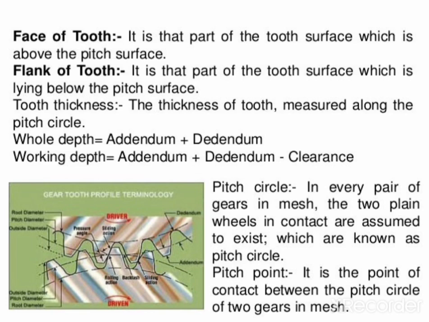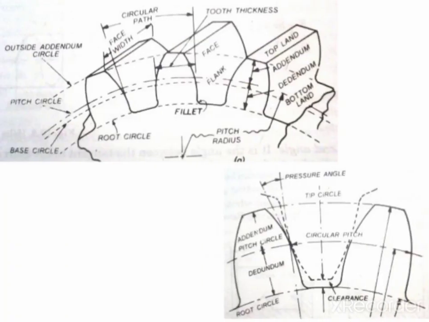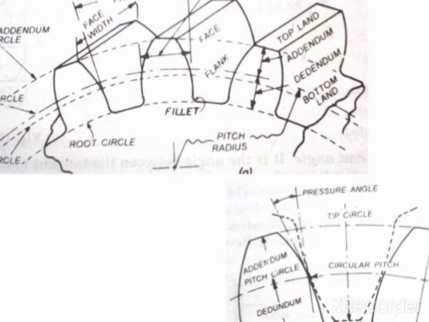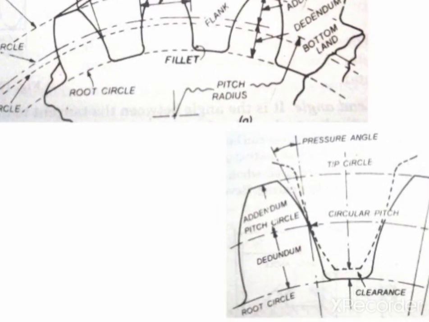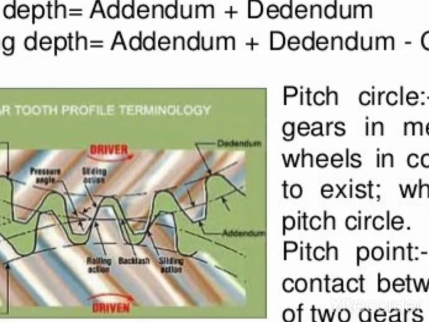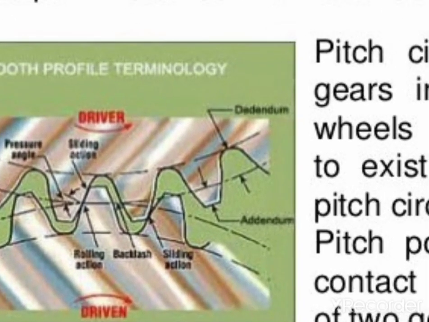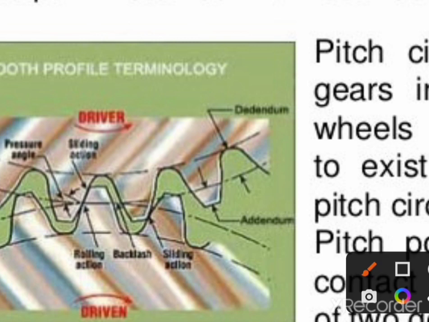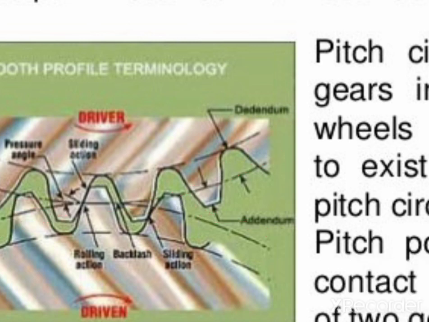Its diameter is the pitch circle diameter. Here we can see this is the pitch circle. The operating pitch circle will always correspond to any variation in central distance.